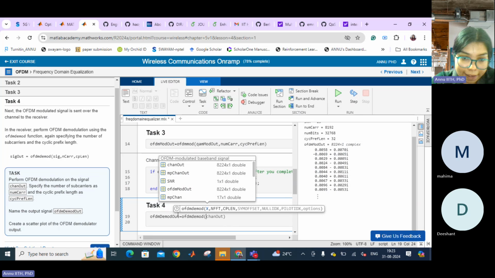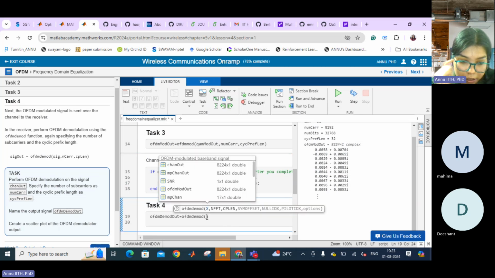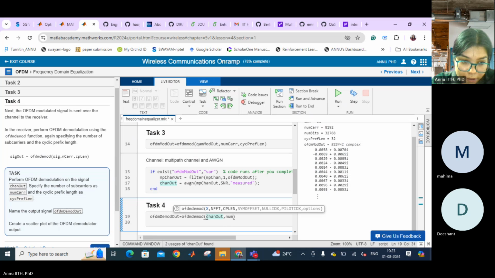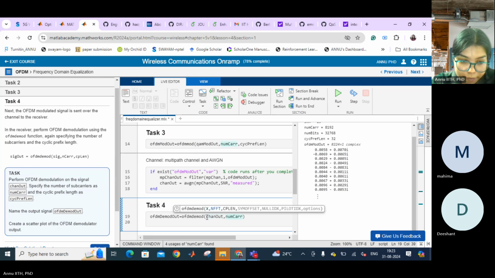Okay. And as we know, the channel out should be the input here, the number of carriers, and the CP length.